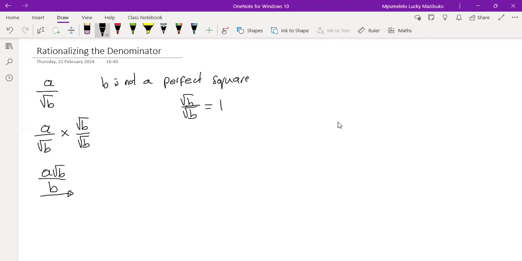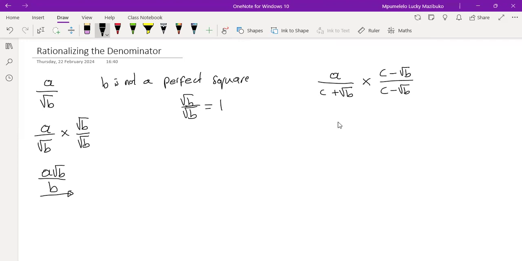And what if the denominator is a binomial with a surd in it? For example, you have a over, let's say, c plus square root b. You still multiply by 1, but in this case it is represented like this: c minus square root of b all over c minus square root of b.